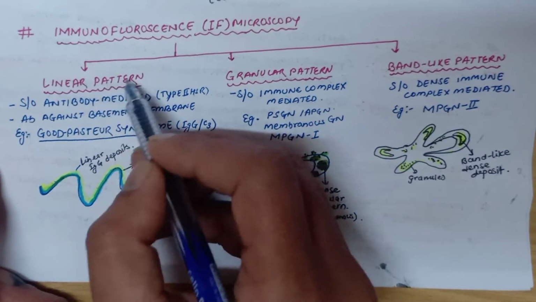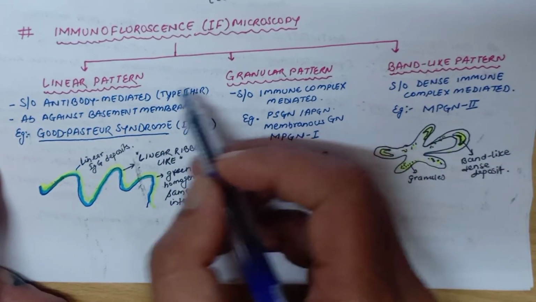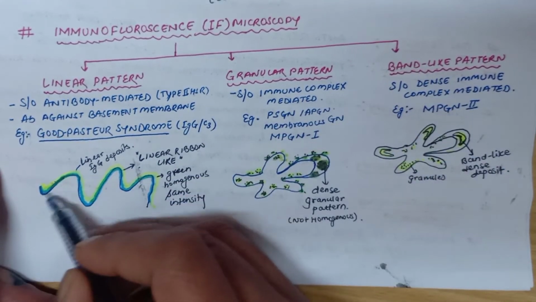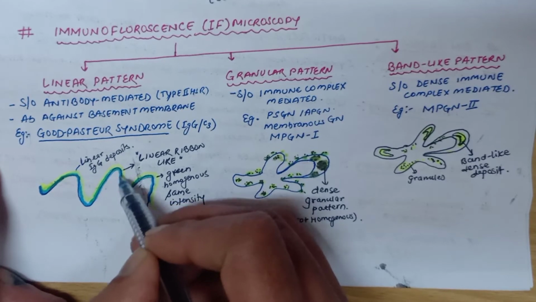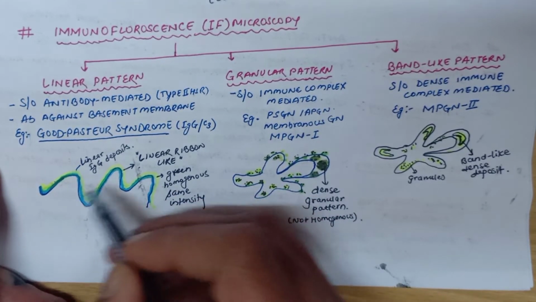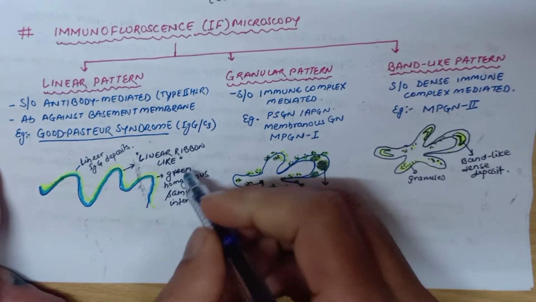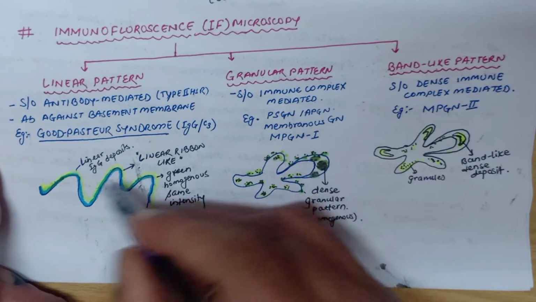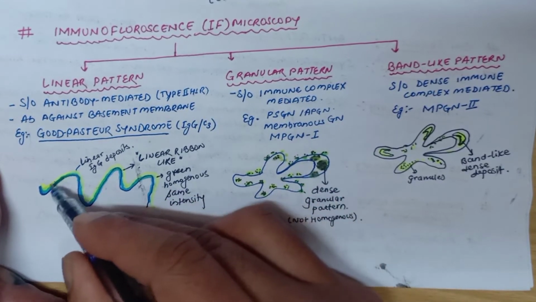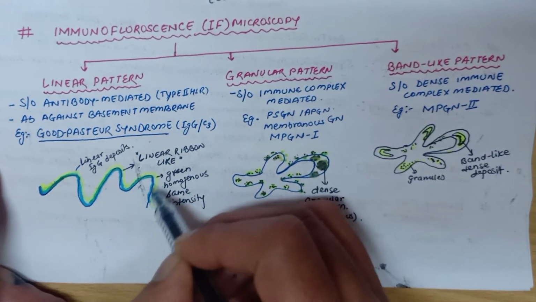Therefore, linear pattern is suggestive of antibody-mediated type 2 hypersensitivity reaction. So you see a linear immunoglobulin deposit over the basement membrane. So this is also known as linear ribbon-like pattern. And you will see a green, homogeneous pattern of the same intensity over the basement membrane.